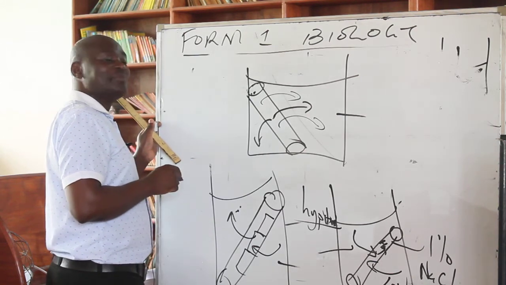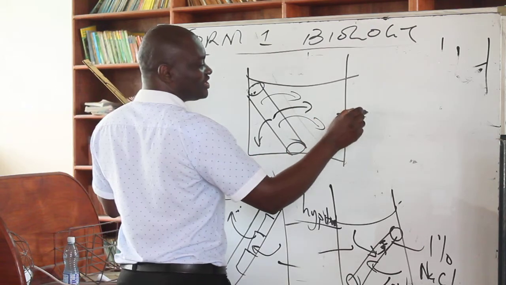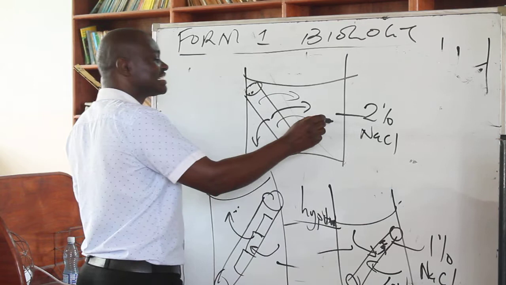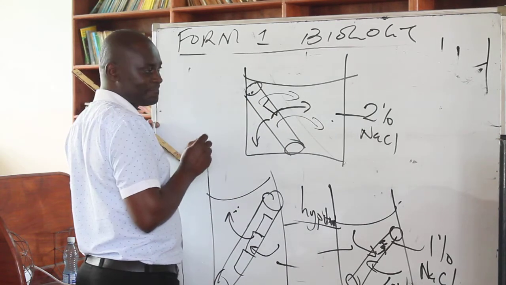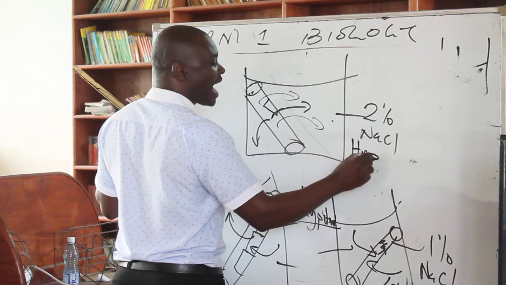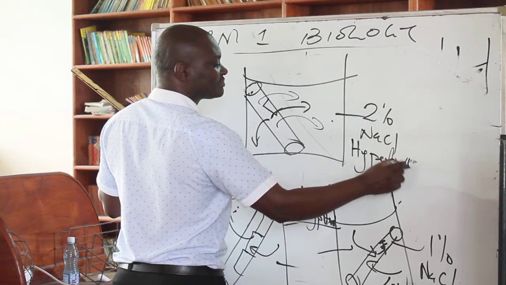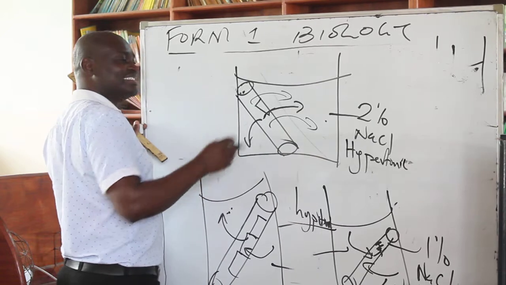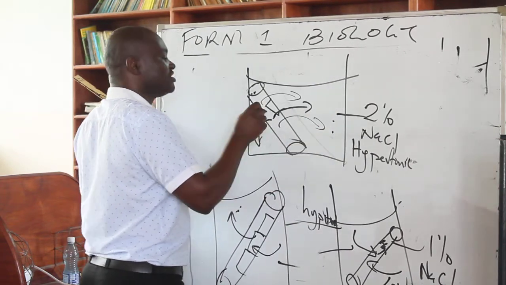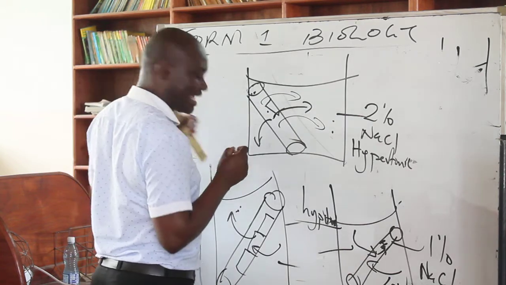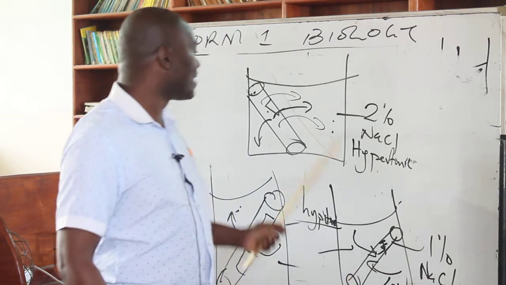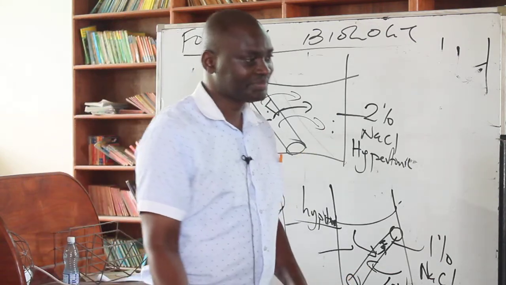That means the 2% sodium chloride is more concentrated than the potato cells, and because it is more concentrated, it is hypertonic. This 2% sodium chloride is hypertonic to the potato cells. That's why water is leaving the potato cells by osmosis.